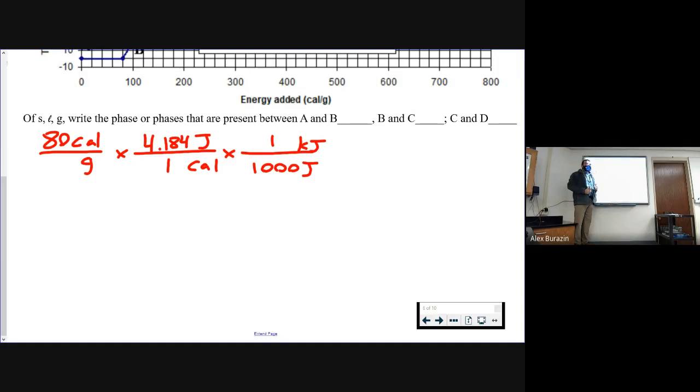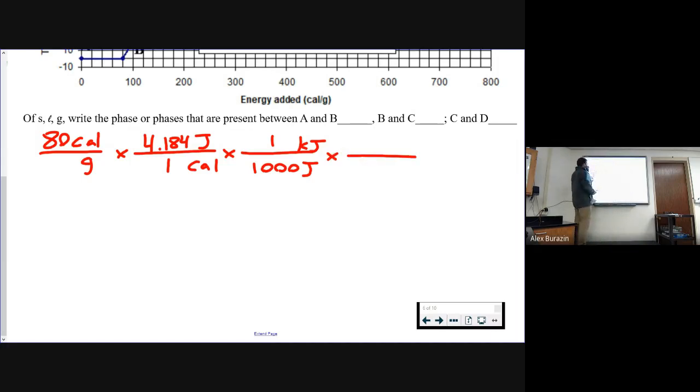Yep. I'll just keep asking more confusing metric questions. Kilo is 1,000 of the base unit. The base unit is joules. Kilojoule means 1,000 of the joules. Okay? Let's keep going. I have kilojoules.